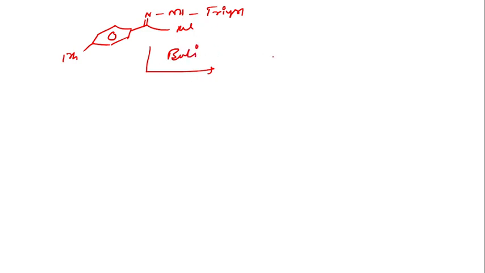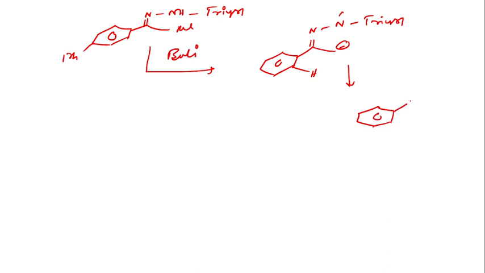These sites will be deprotonated, giving N minus and a carbanion on the other side. The double bond is here, and there is a phenyl group. If I forget to write that, count it as a minor mistake and add it in your own way.